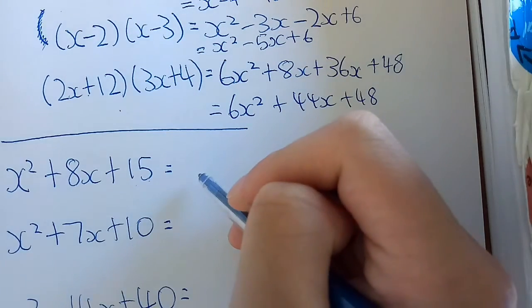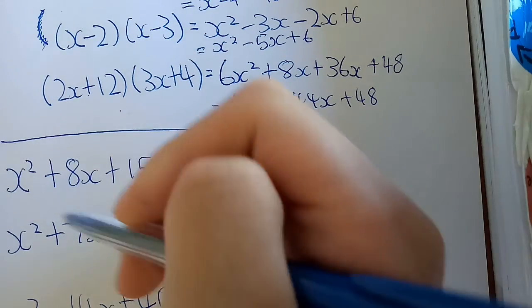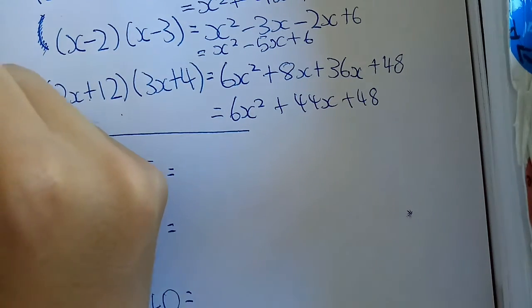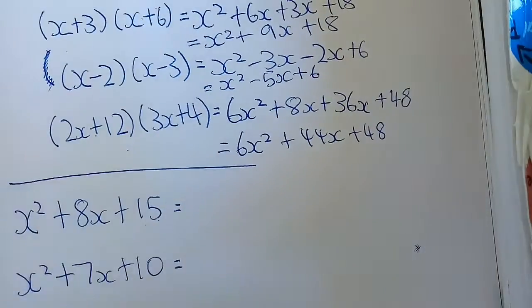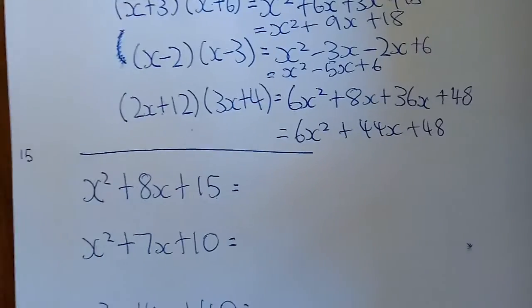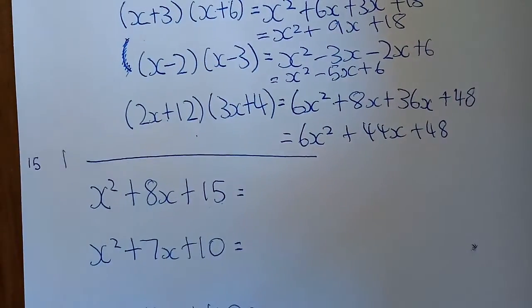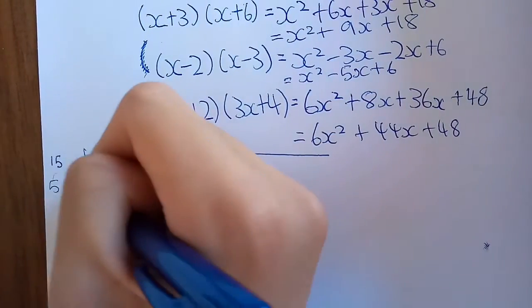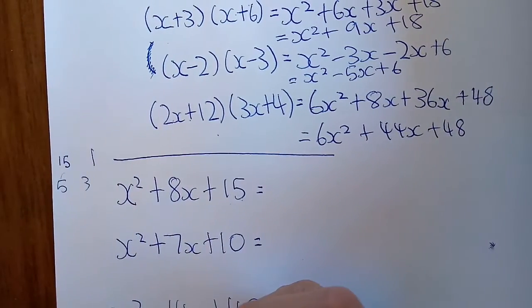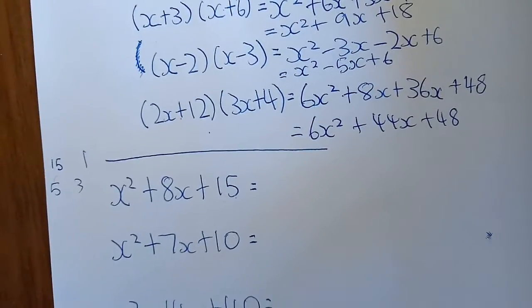First we need to look at all the factors of 15, like 15 and 1. Okay, let's just list them out right here. Let me just show you right here. 15 and 1, what else? 5 and 3, and yeah, that's about it.